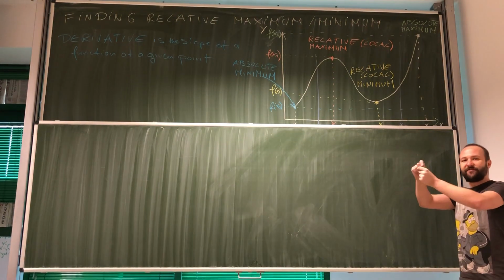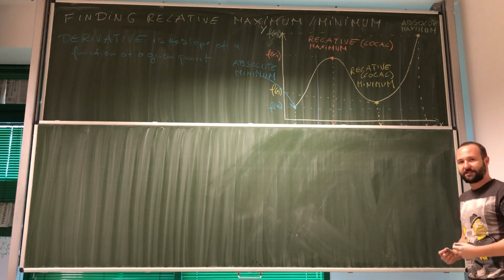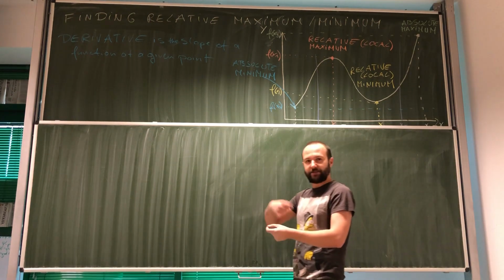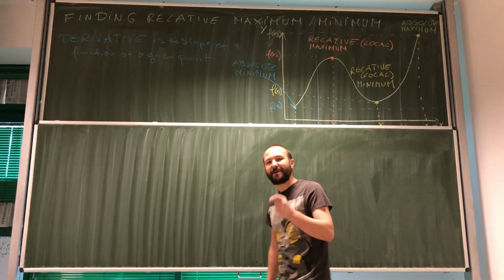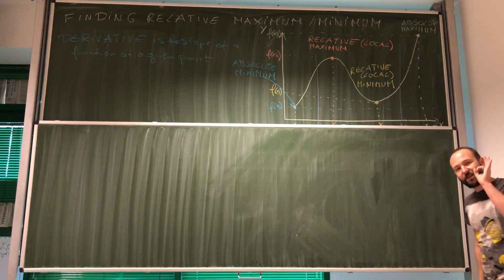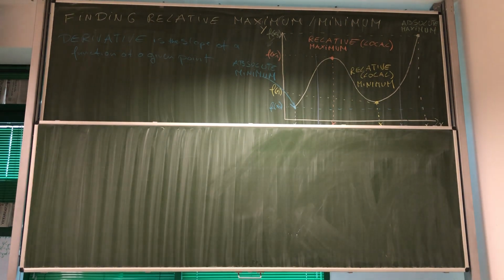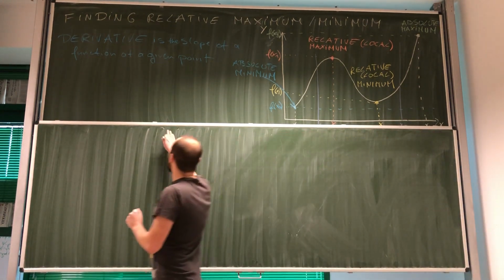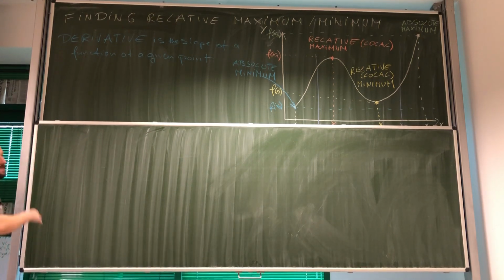So look, if I have some function, I calculate the derivative by putting different values of x into the derivative, I'm getting a specific value of the slope of this function at the point for which I'm calculating the derivative. Now, how can we use this knowledge to find them? Let's start with maximum.